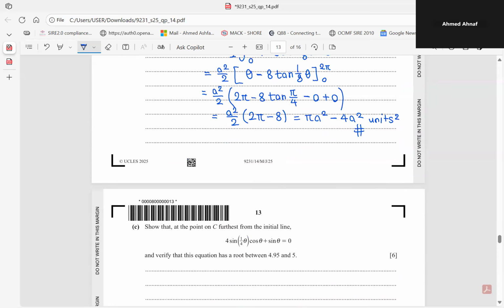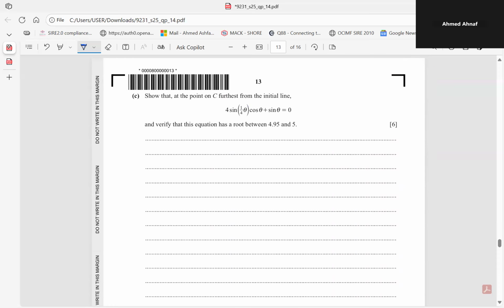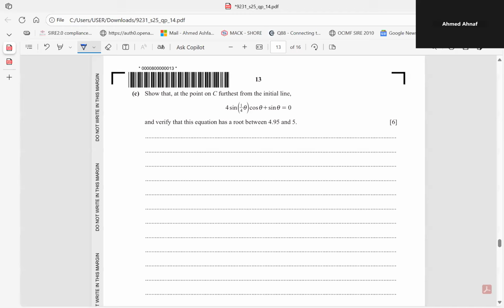So this is our final answer for this part. Let's head on to the next and final part. For this final part, we have to show that at the point on C furthest from the initial line, this result is true. We also have to verify that this equation has a root between 4.95 and 5.